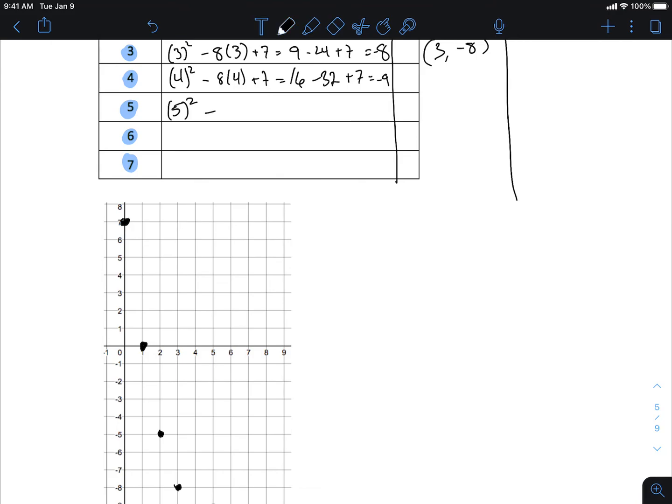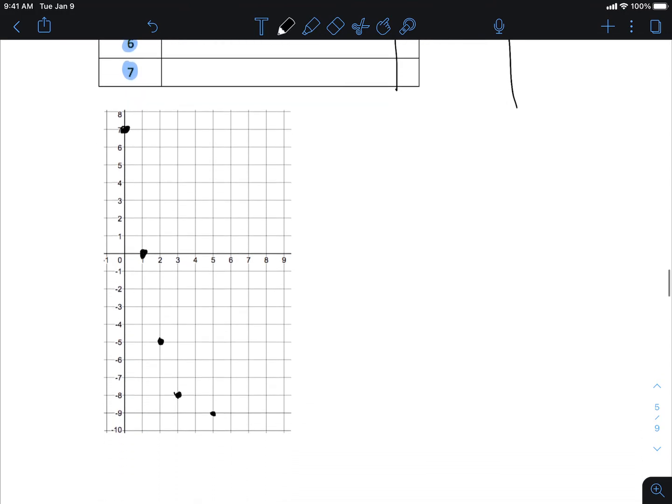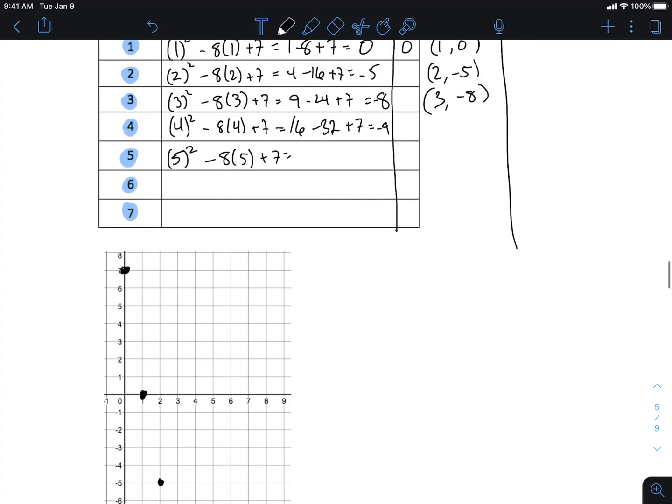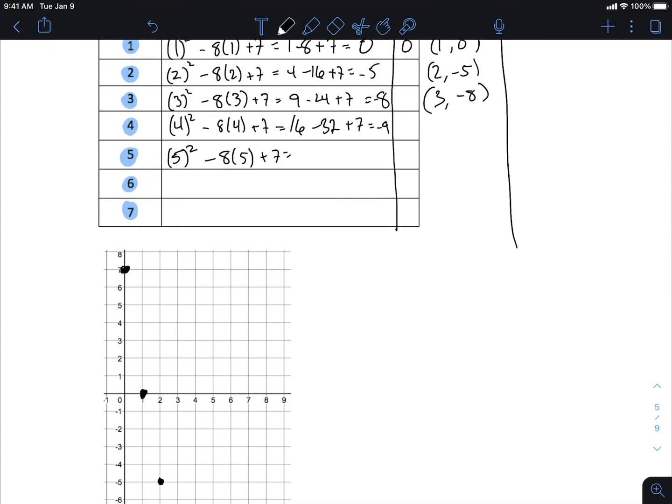5 squared minus 8 times 5 plus 7. Okay, I'm going to make a prediction here before, and this is where I know what's coming, right? I got a little bit ahead of myself for the last one. Sorry, we got to write this point here, 4 and negative 9. I'm going to make a prediction that this point is going to be 5 and negative 8. So your answer here should be negative 8. You guys want to give that a go for a second and see what you get.